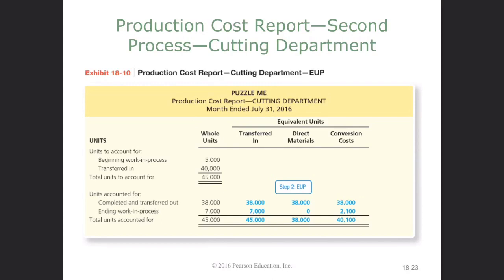We add those together to get the total units accounted for transferred in. And then the total units accounted for direct materials, we add those together. Conversion cost for total units accounted for, we add those together as well, just like we did in the last example. The only difference here is we have some items that are transferred in. They're going to show up down here in accounted for, and we add those to get the total units accounted for transferred in.